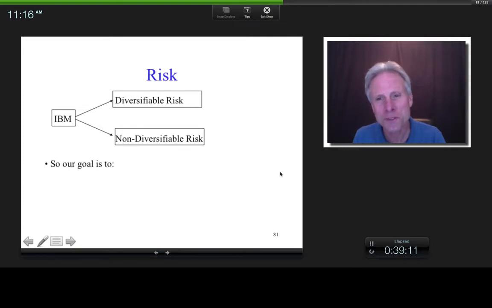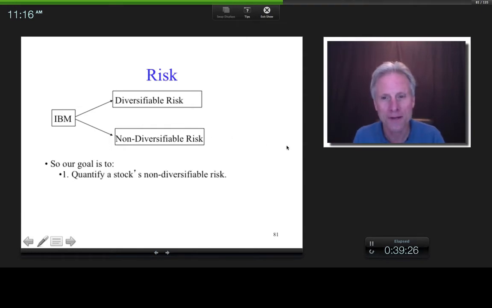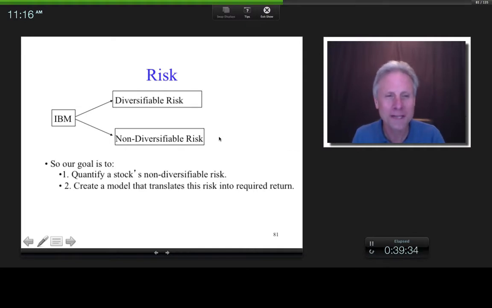So if we put it in this perspective, now our goal in particular is to quantify what kind of risk for IBM? Their diversifiable risk or their non-diversifiable risk? Non-diversifiable, right? And then we'll create a model or a mathematical equation that says, hey, the more the non-diversifiable risk of IBM, the more its required return.